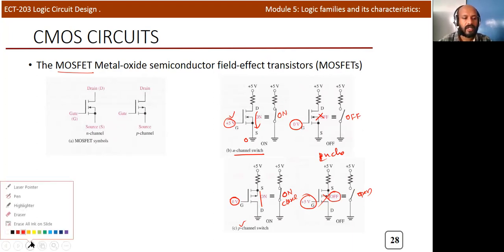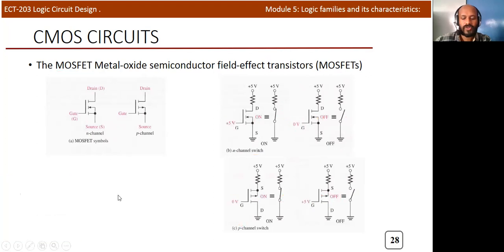Now we can discuss two other symbols used to represent the CMOS circuit. Instead of using the detailed symbol, some textbooks follow the given structure. Here, to represent the N channel and P channel MOSFET, they use symbols like this. One terminal will be the drain, one will be the source, and another terminal will be the gate.